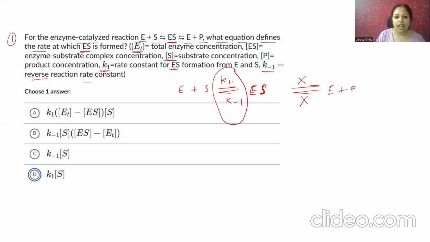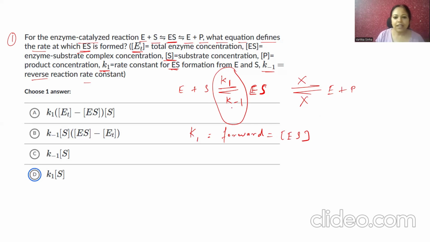Second, out of K1 and K negative 1, K1 means the forward reaction, and forward means it will be towards the production of the ES complex, which is given in the question. Clear?